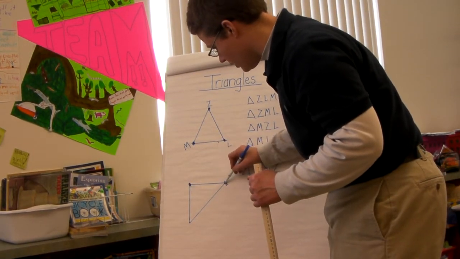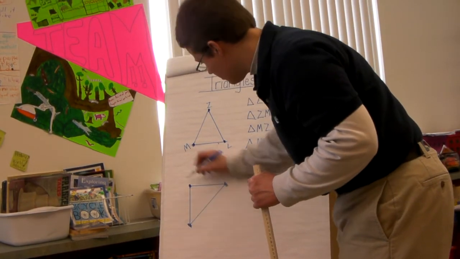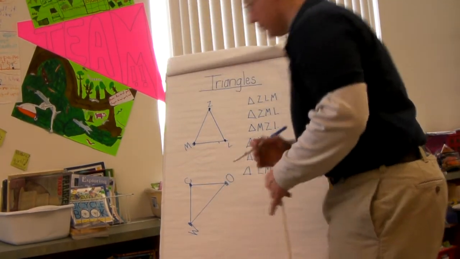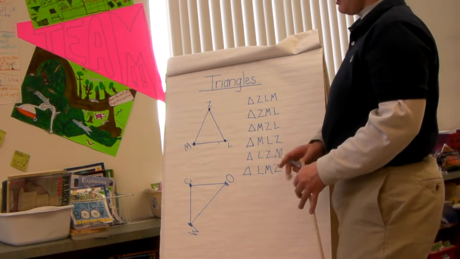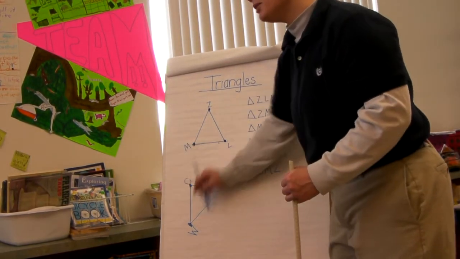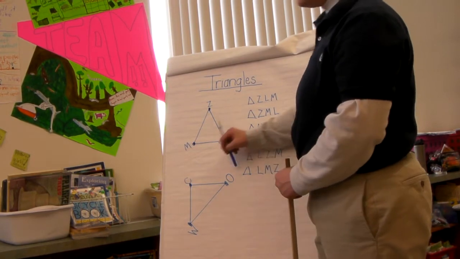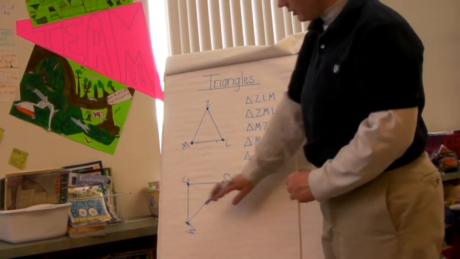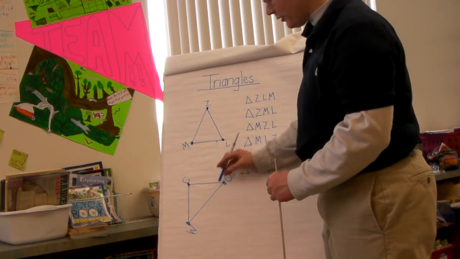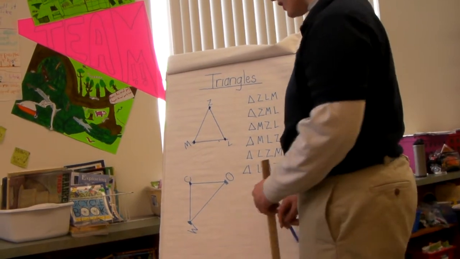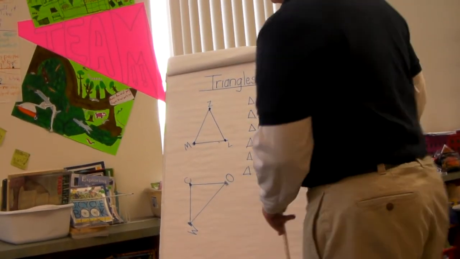I'll give this triangle a name too. I'll name this one COW. But I could also call it CWO, or triangle OCW, or triangle OWC, or triangle WOC, or triangle WCO. There's lots of names I could do. Or you could just call it triangle COW.